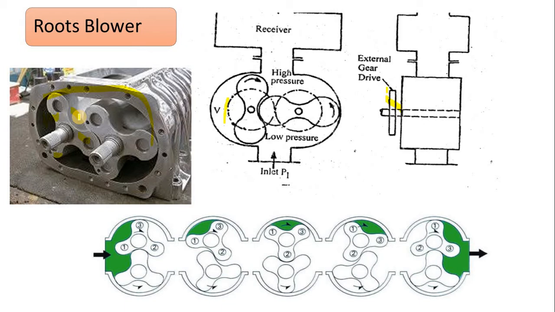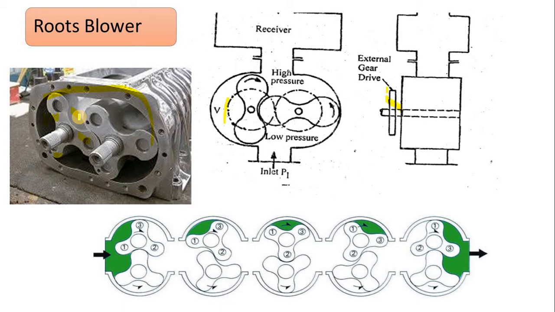As far as the working is concerned, when the driver rotor, the driver root blower blade, is connected to the external drive, it starts rotating continuously. With the help of that, the driven one also rotates at the same speed but in the opposite direction.